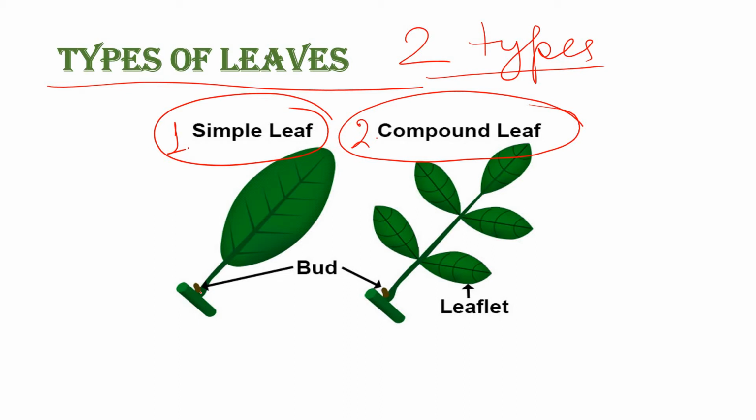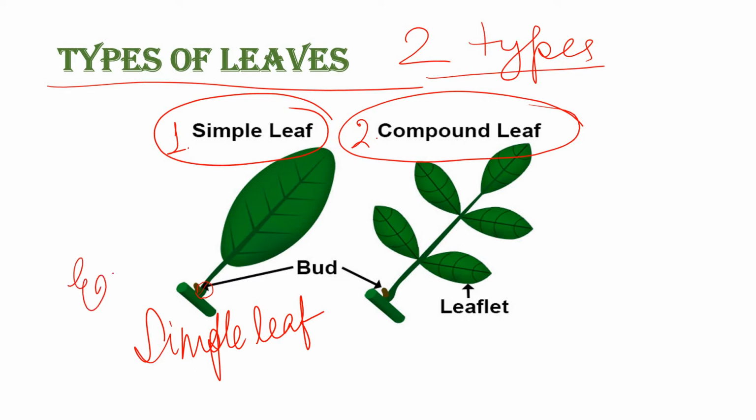From the node portion, we can see one single leaf coming out, right? Can you see any division in this leaf? No, we cannot. Right from the stem itself, one leaf has come out, and this type of leaf is called the simple leaf.